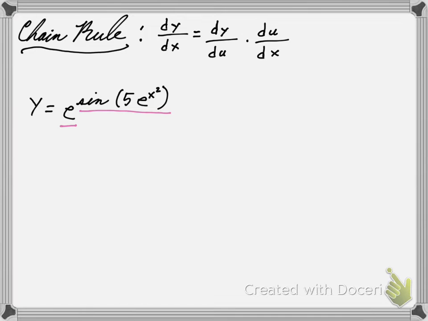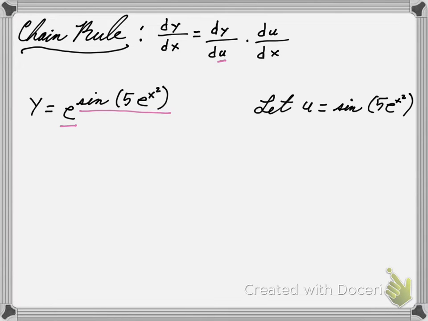Now that blank is a complex statement, but it's still e raised to something. So that something is what you can attempt to make your u substitution. So out on the side, make a note: let u equal sine of 5e to the x squared.